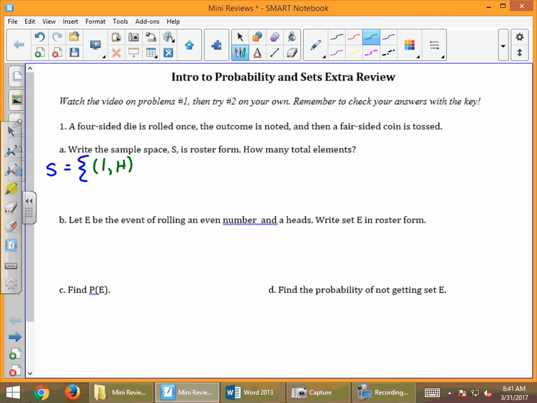So when you have 2 things happening in an event, you're going to have 2 outcomes with each element in your sample space. So that's 1 outcome, a 1 and a heads. You could land on a 2 and then a heads. You could land on a 3 and then a heads. You could land on a 4 and then a heads.